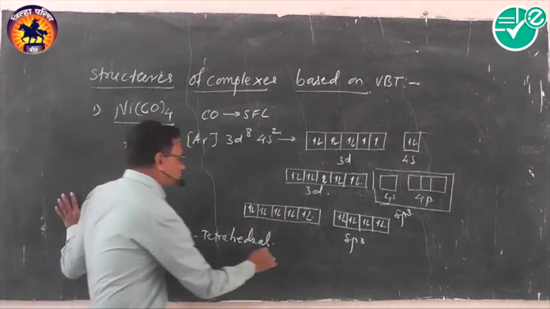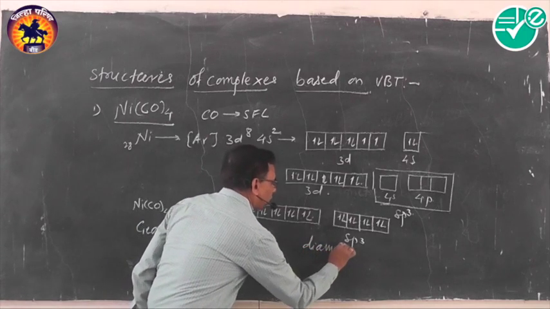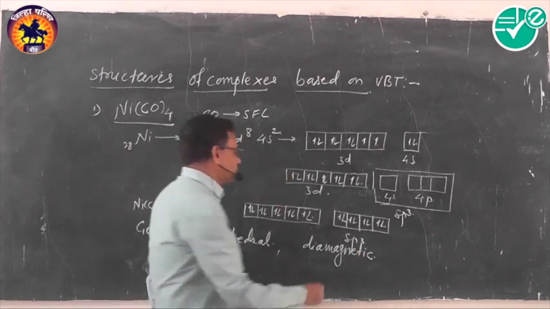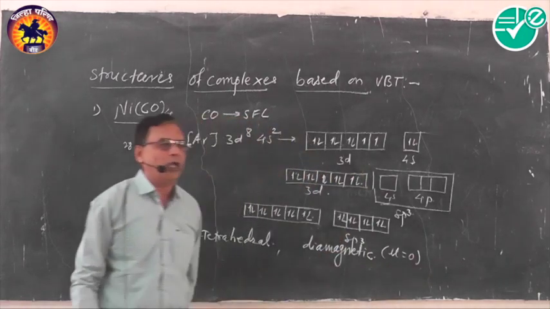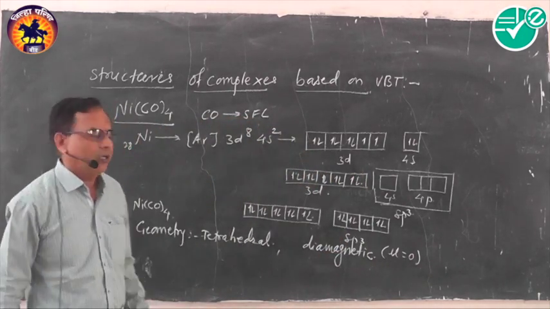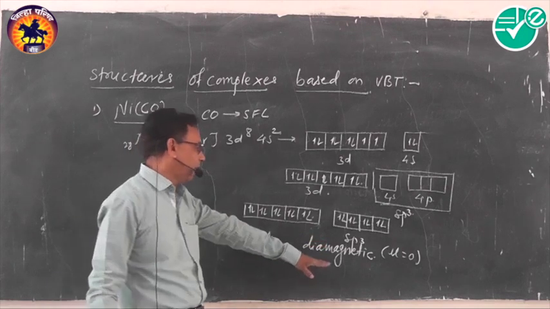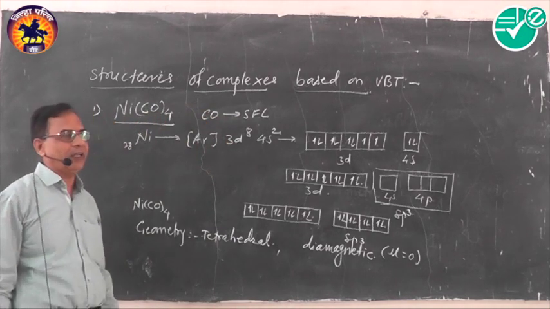The complex is diamagnetic in nature. Magnetic property, it is diamagnetic in nature because the magnetic moment is 0 and it does not have any unpaired electron. Therefore, this magnetic moment is 0 and hence this complex is diamagnetic in nature.